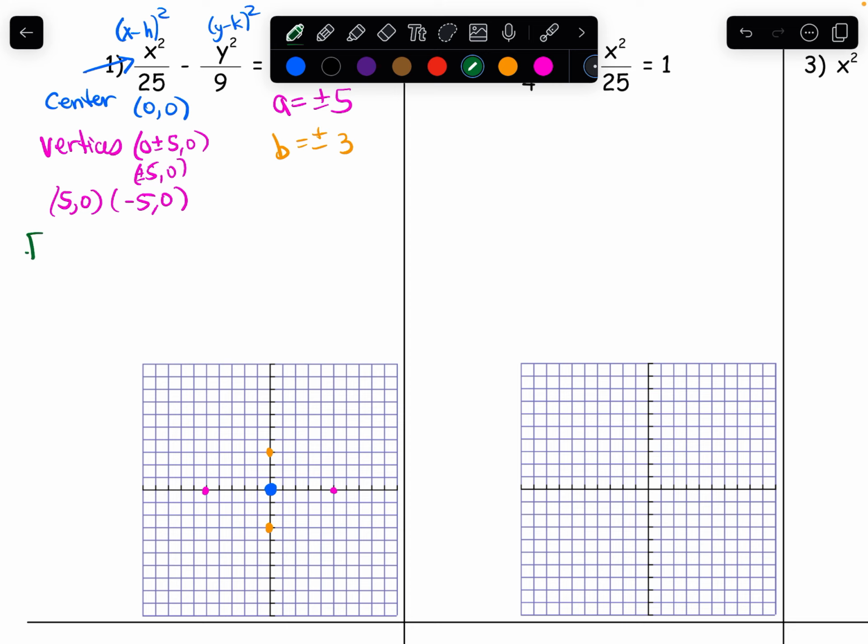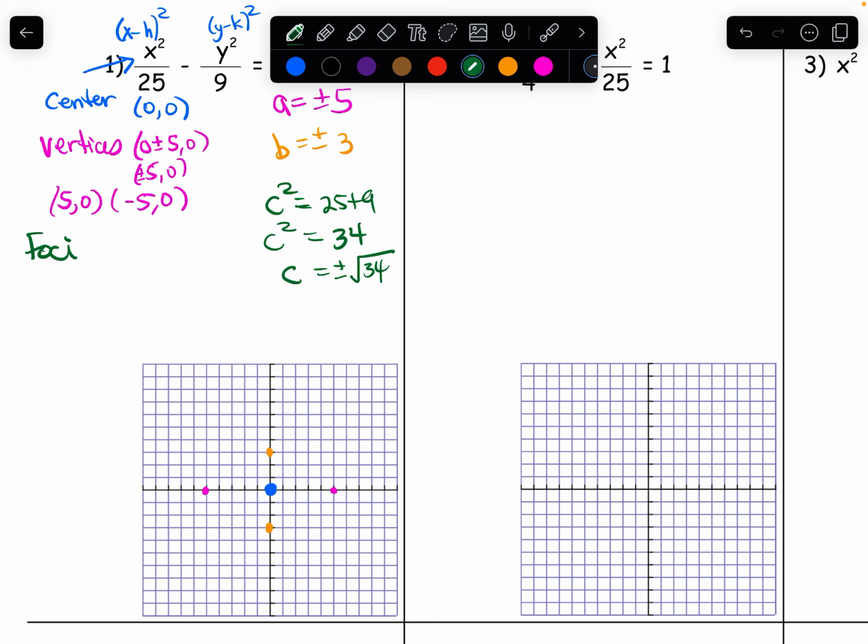Then, I need to find the foci. The foci, well, that C squared is equal to 25 plus 9. It doesn't matter which order you add these in. And that's going to get 34. So C is equal to plus or minus the square root of 34. Now, whether or not your teacher lets you use your calculator, I have absolutely no idea.